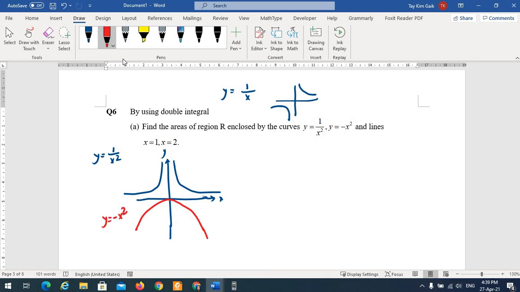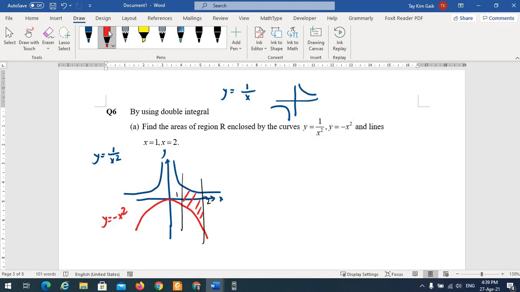It is bounded by x equal 1 and x equal 2. Let's say this point is 1, this point is 2. So you want to find the region bounded by the curves y equal negative x squared, y equal 1 over x squared, and x from 1 to 2.